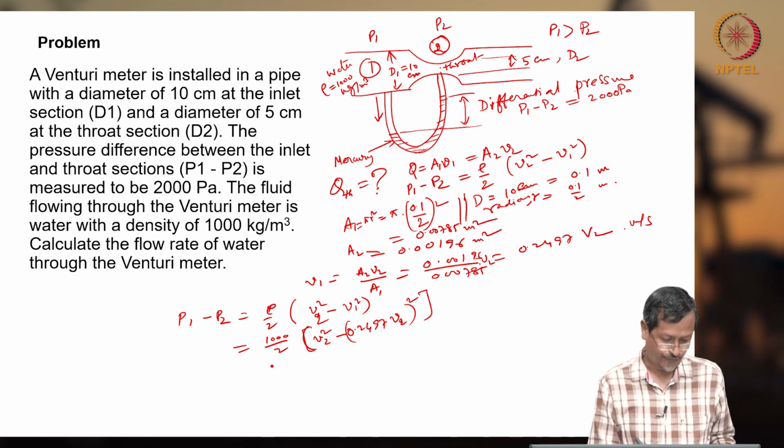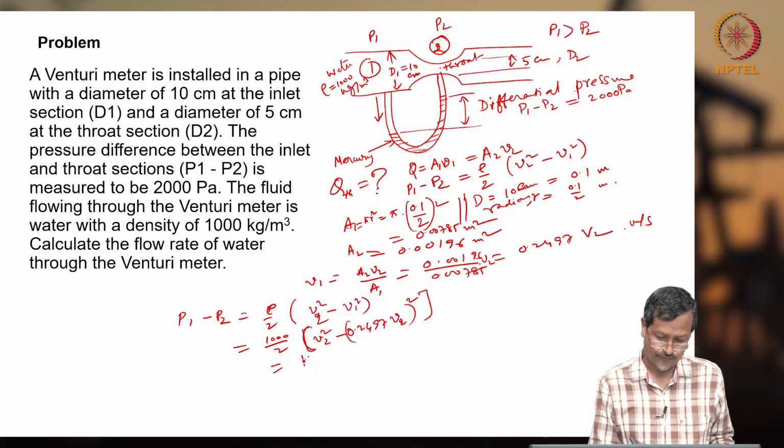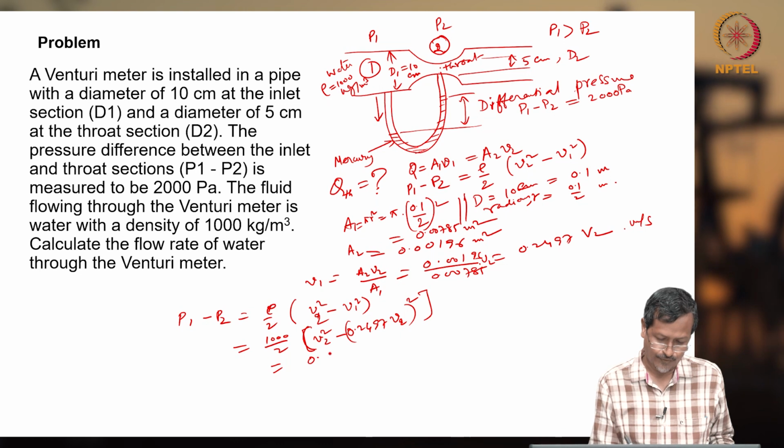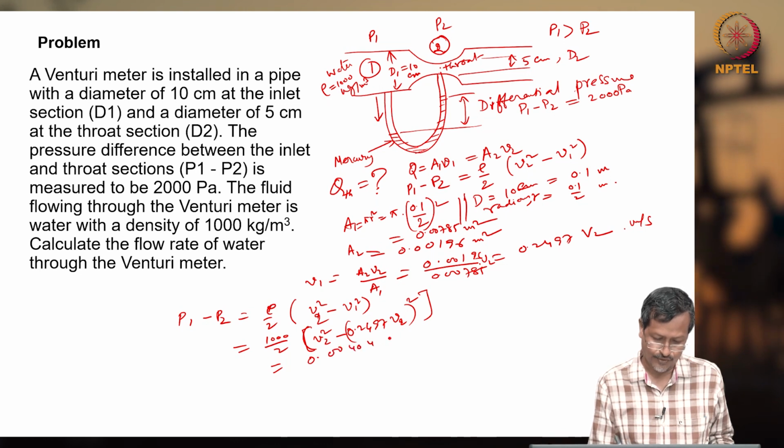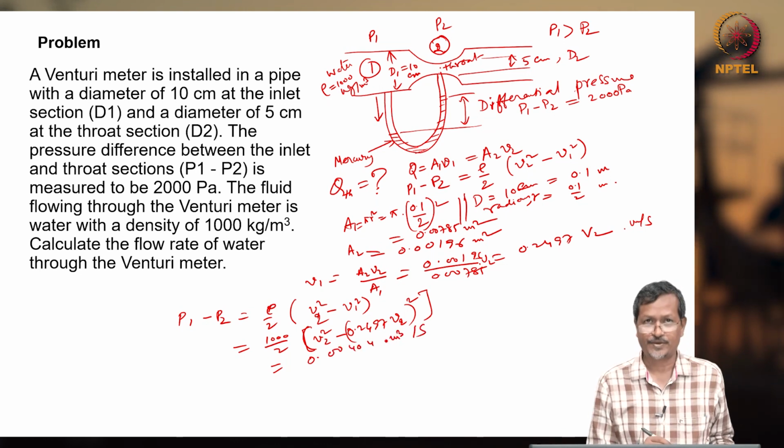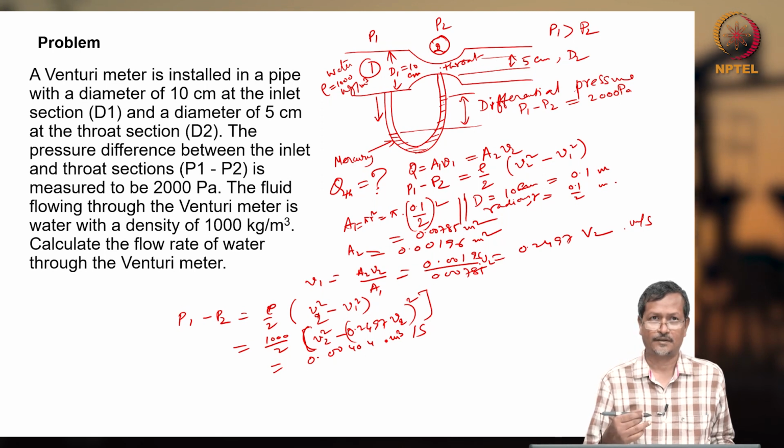Okay, so finally this is giving 0.00404 meter cube per second, the calculated flow rate.